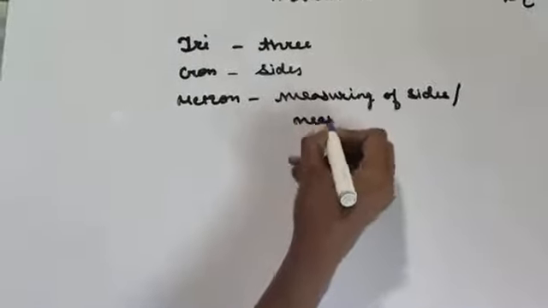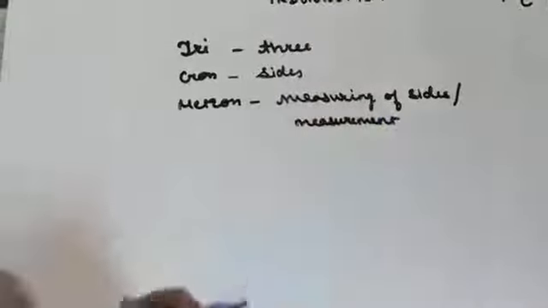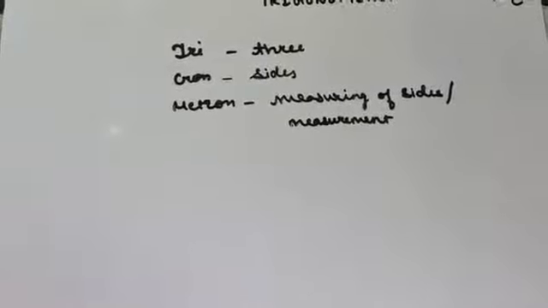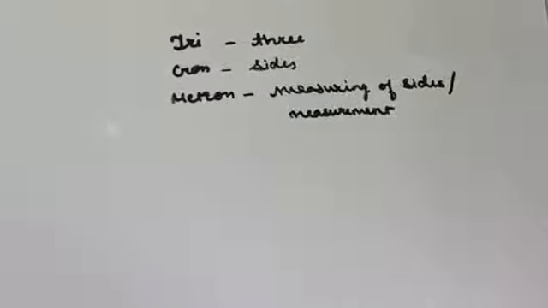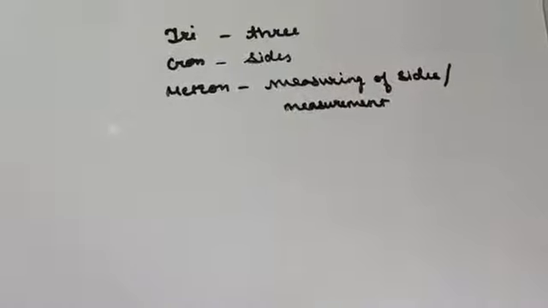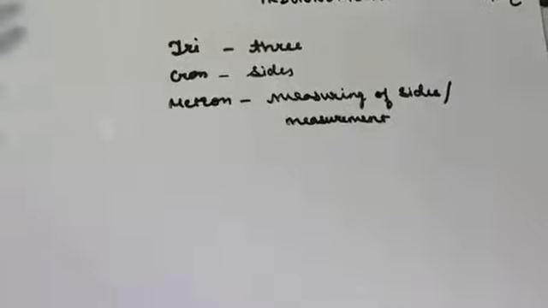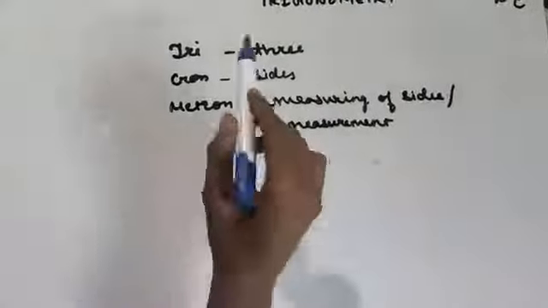Okay, so as the name itself suggests, trigonometry is used to find out unknown lengths, heights and distances by comparing different scenarios with respect to three-sided figure.